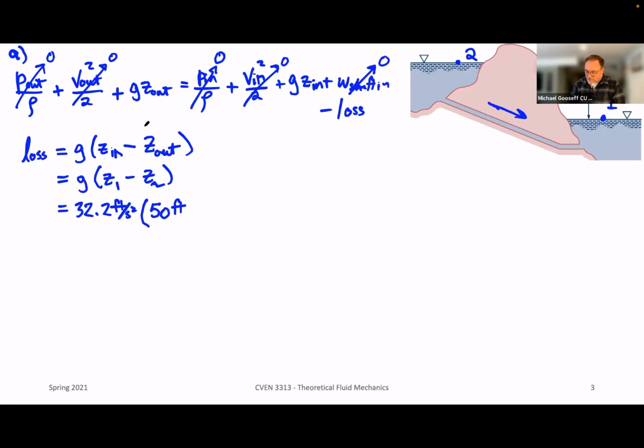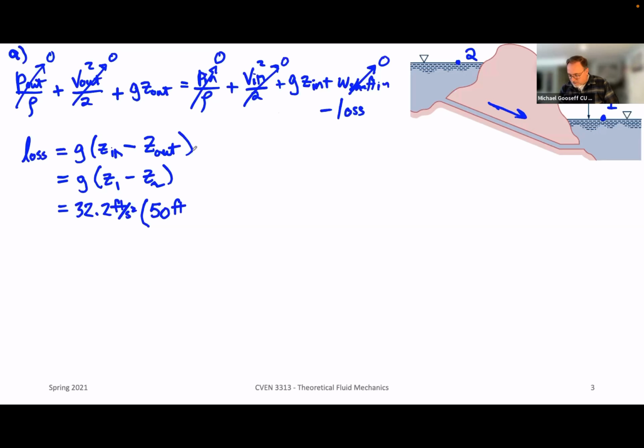Because, well, no, let's see. g times out minus in. And then when I multiply through by a negative, it becomes in minus out. In is 0, out is 50. And that ended up being a minus 50. That doesn't seem quite right. Where did my math go wrong here?